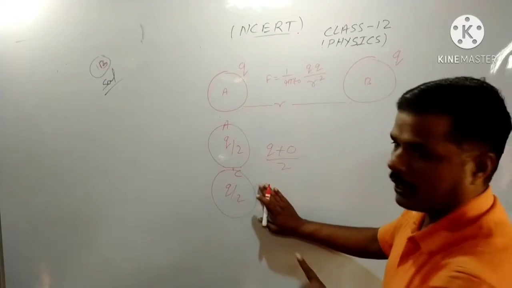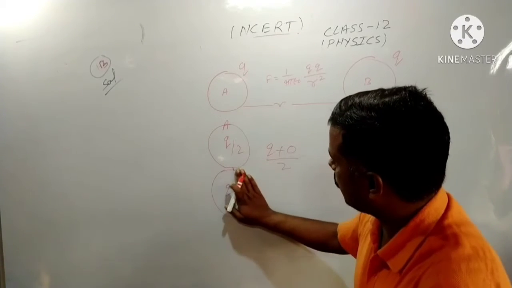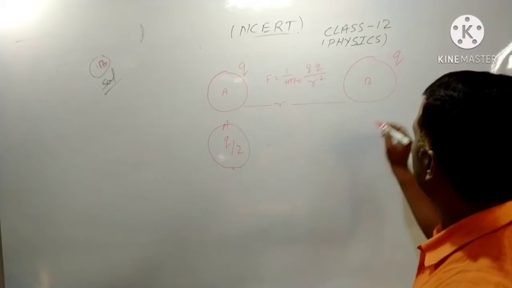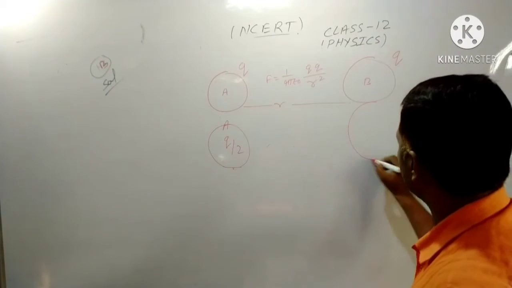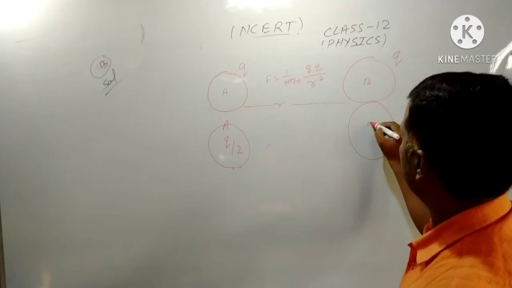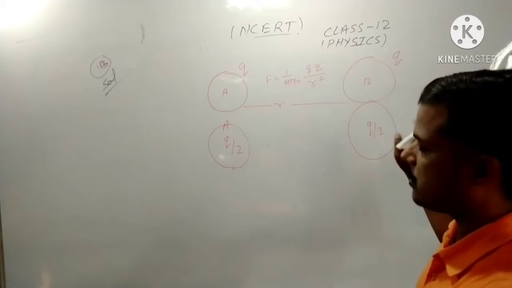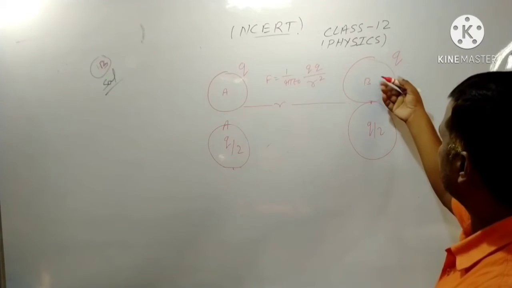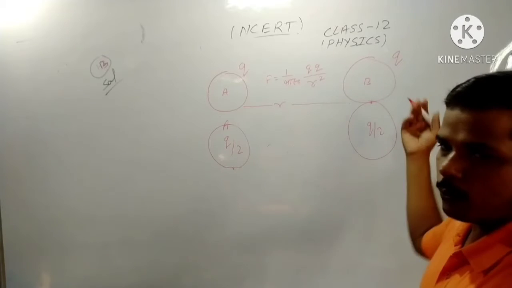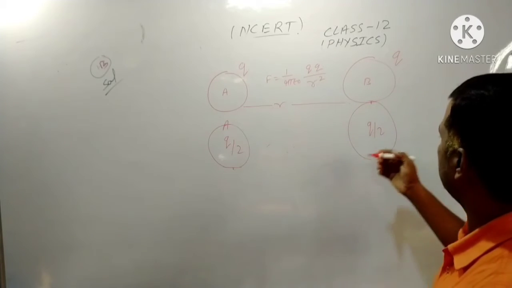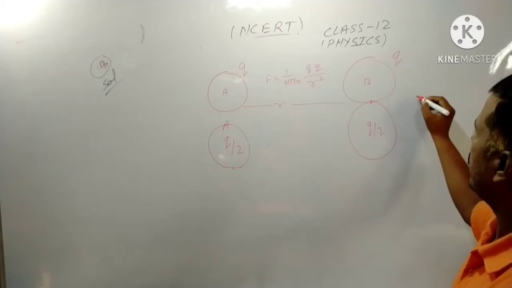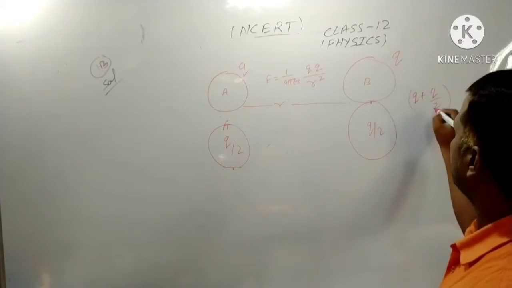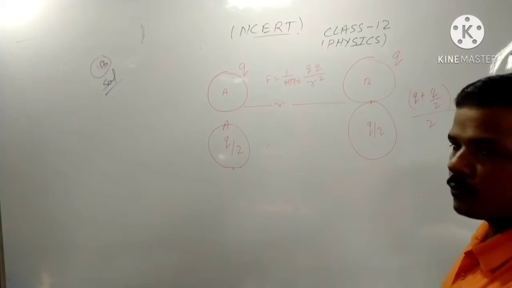C has charge Q by 2, and B has charge Q. These two spheres are identical, so the charge will be Q plus Q by 2, divided by 2.